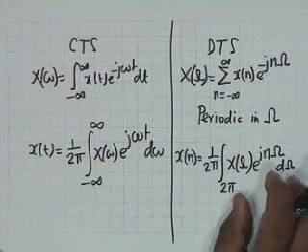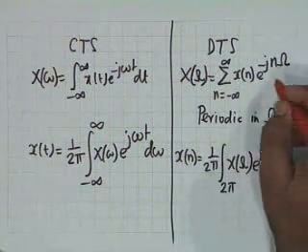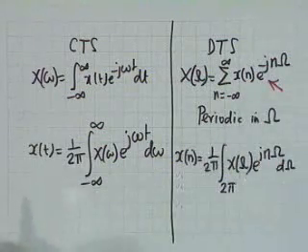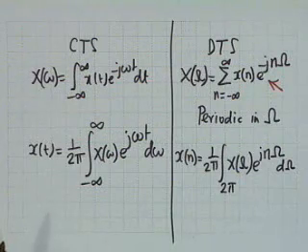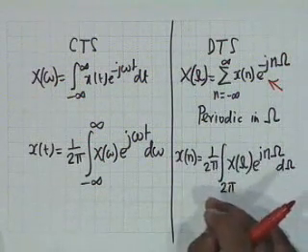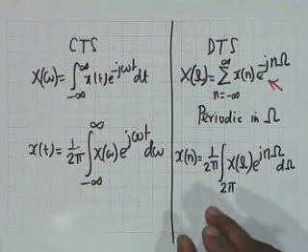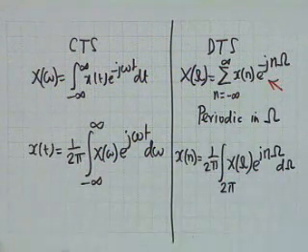And the reason is obvious or transparent in this, that capital X of omega is periodic, and therefore it only makes sense to integrate any function which involves X of omega over one period. It doesn't make sense to integrate from minus infinity to plus infinity.